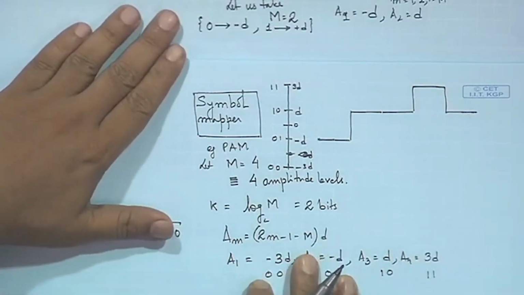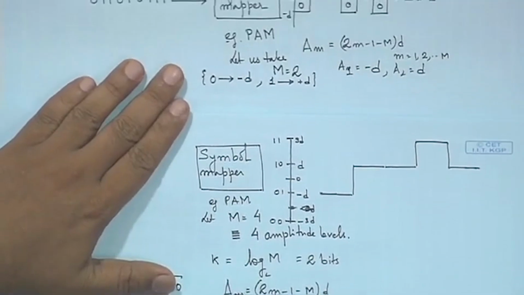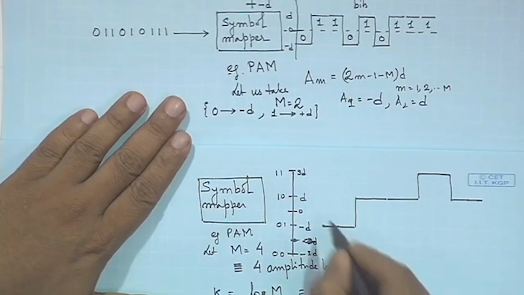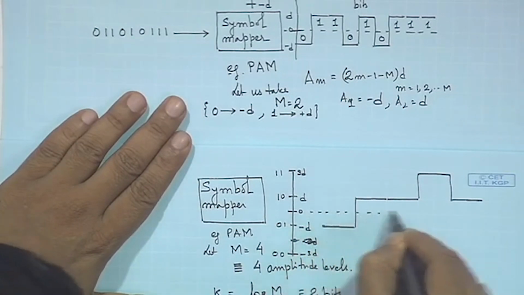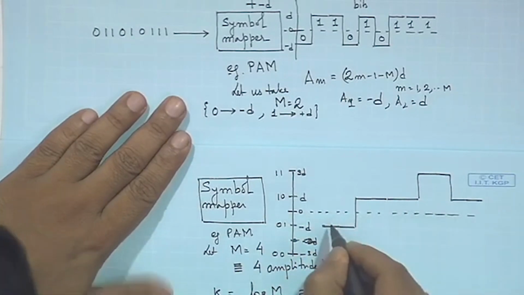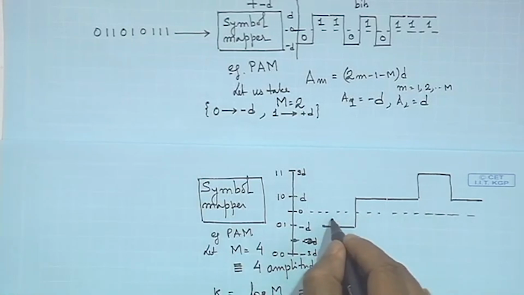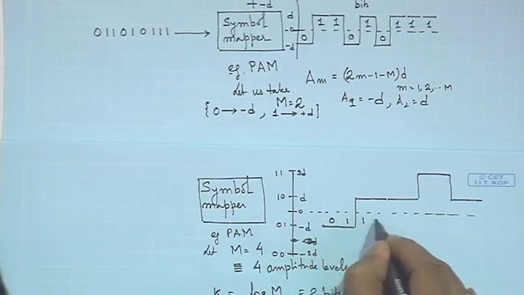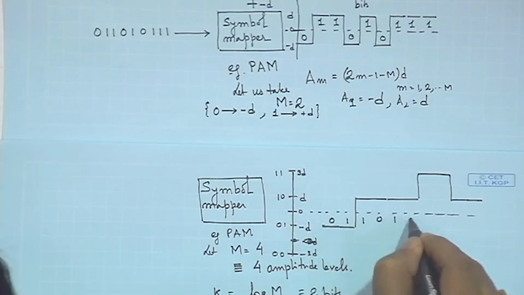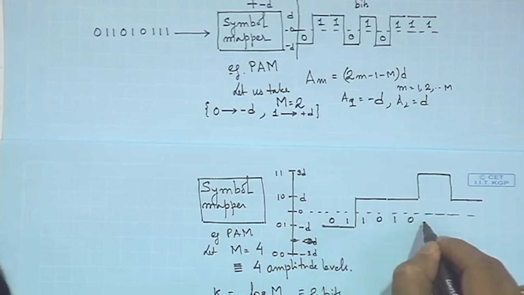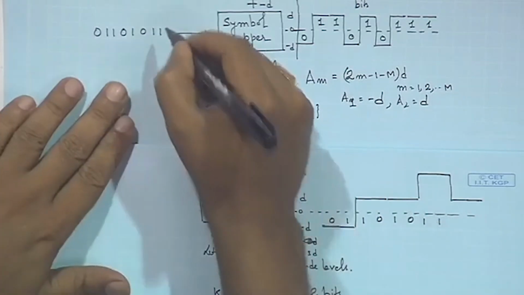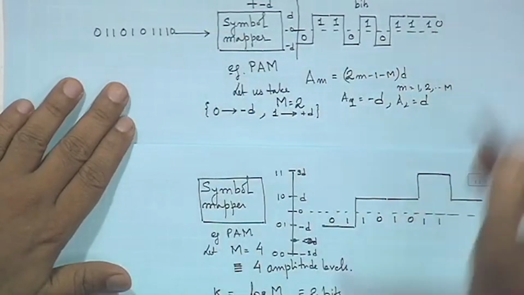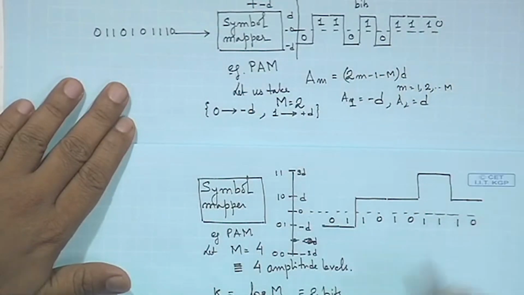So, now in contrast, if we compare the 2 waveforms that we have got, this is the 0 level, same as the dashed line, and we have a 0 1 followed by 1 0 followed by 1 0 followed by 1 1, and let us say we have a 0 in all places, followed by 1 0.